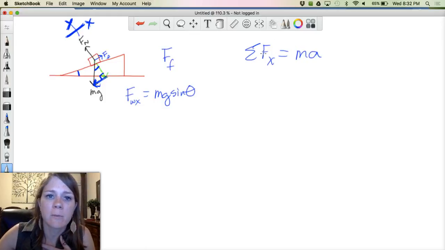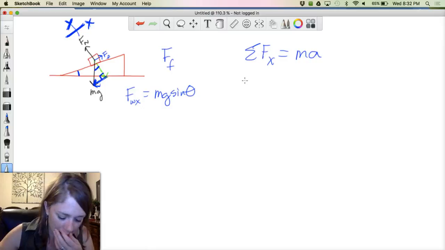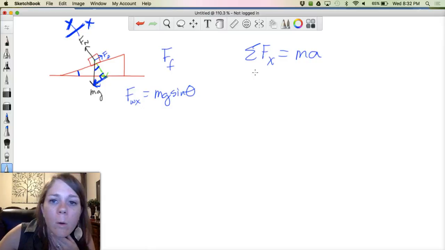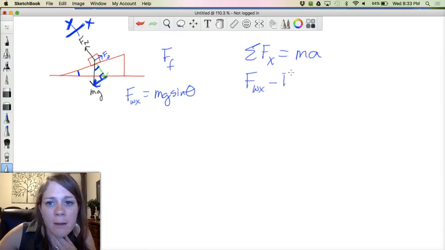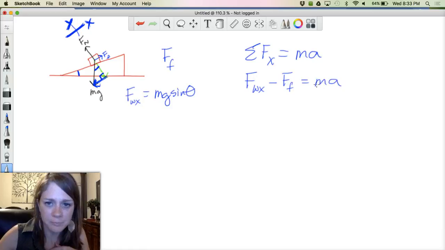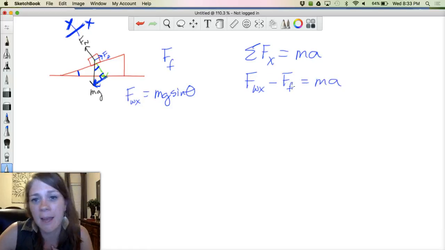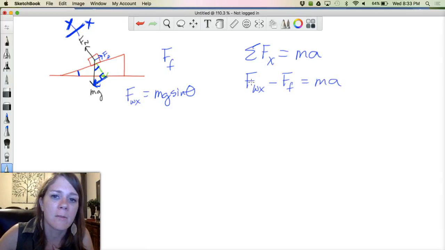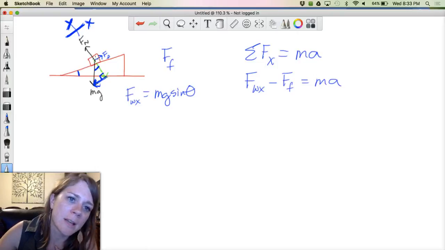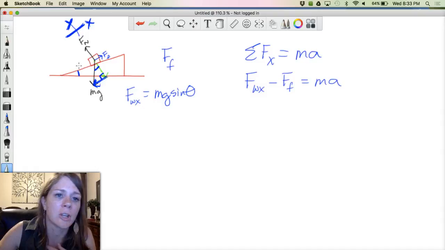So what is the summation of the forces in the x direction? We have the weight force in the x direction minus the frictional force equal to the mass times the acceleration. On my key, I did it opposite. I said FF minus the weight force, but we are accelerating down the ramp, and we're going to define that as a positive acceleration going down the ramp because we are speeding up. So the weight force minus the frictional force equals ma.